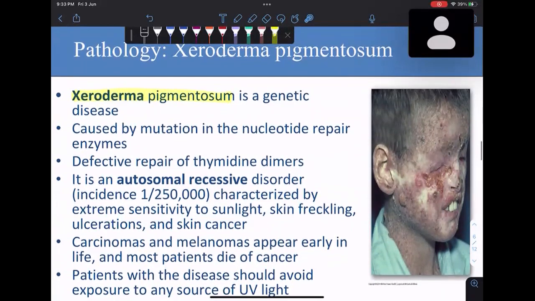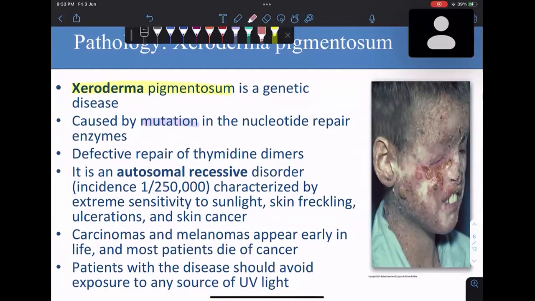This disease arises from the abnormal dimerization of the thymine molecules, and this forms a mutation. This is basically defective repair of the thymidine dimers. This is an autosomal recessive disorder. Again, very, very important because she loves bringing this. So, autosomal recessive disorder.